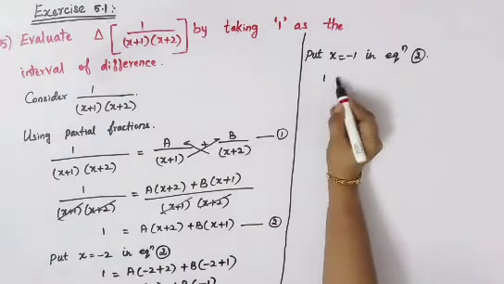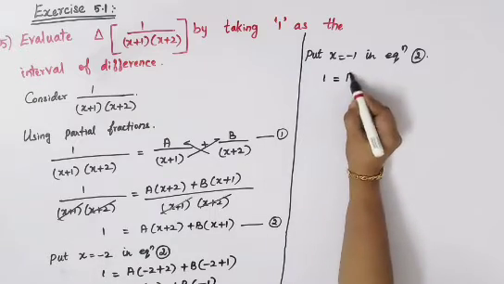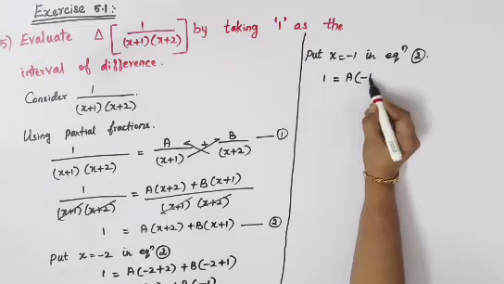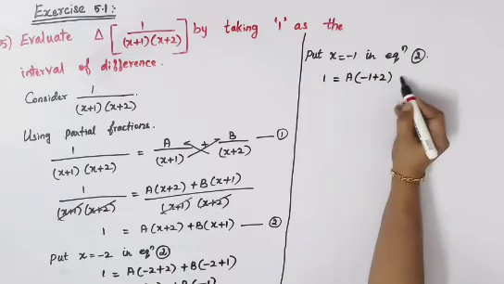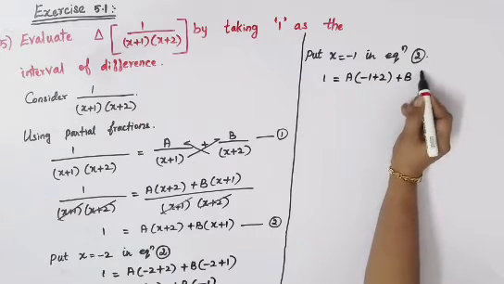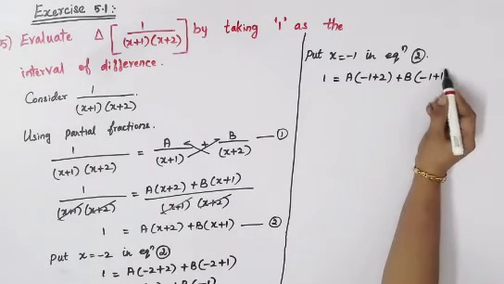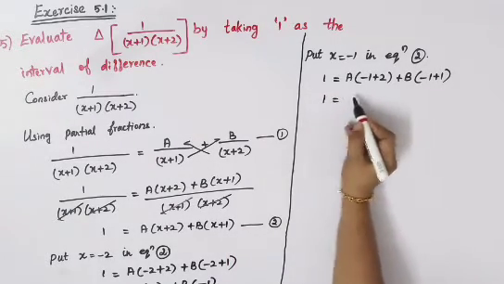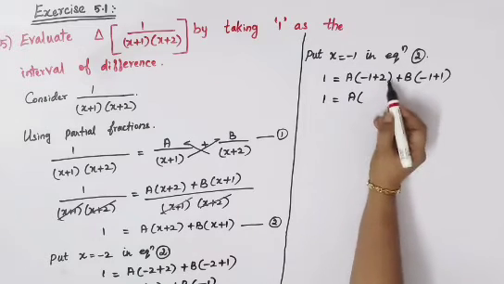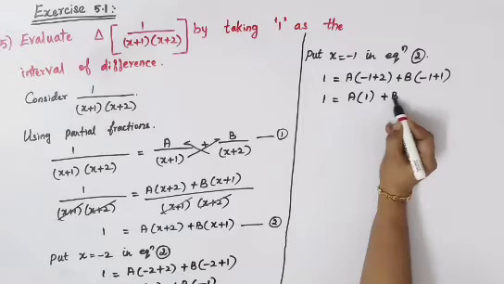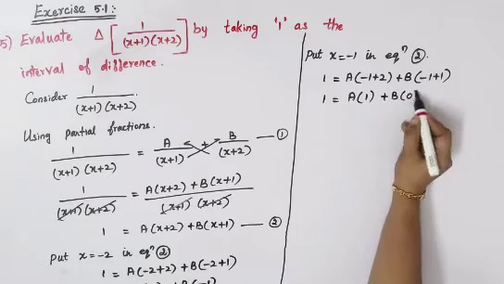So 1 is equal to a into minus 1 plus 2, plus b into minus 1 plus 1. So the next line is 1 is equal to a into 2 minus 1 will be 1, plus b into minus 1 plus 1 will become 0.